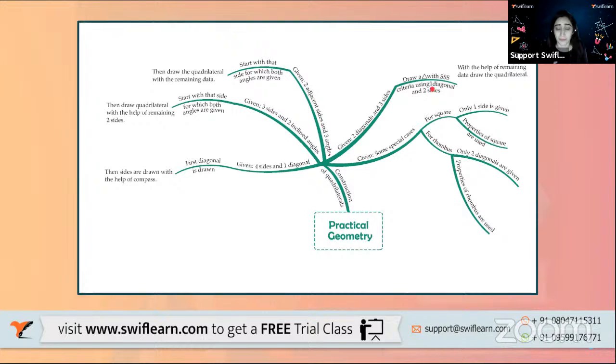Now moving on to the special cases, when it is a square or when it is a rhombus. When it is a square, only one side is given. We know the properties of the square: all the 4 sides are equal, all the 4 angles are equal, that is 90 degree. Clear with this? Moving on to the rhombus.